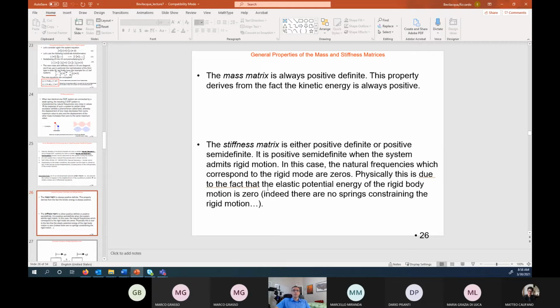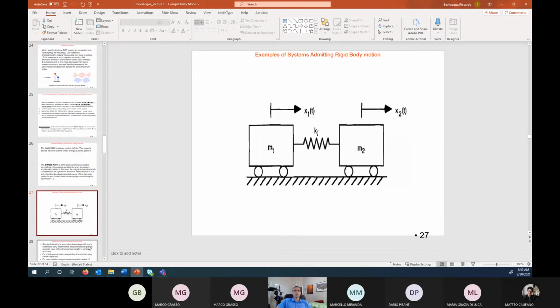And when you have rigid body motion, the potential energy that has to do with elastic properties of the system is 0. Basically, there are springs, but like in this example, the spring may be completely unperturbed, not compressed, not elongated, and the two masses are moving exactly the same way, and that's rigid motion.